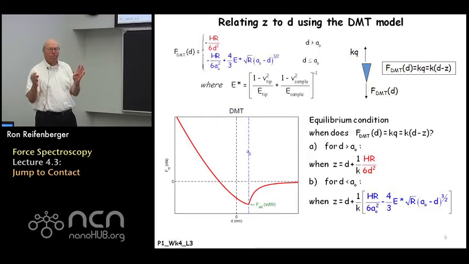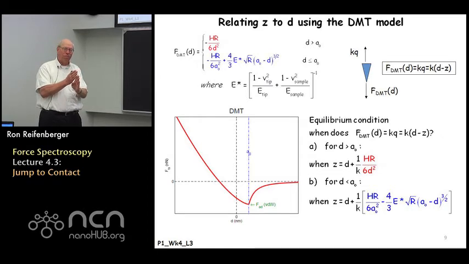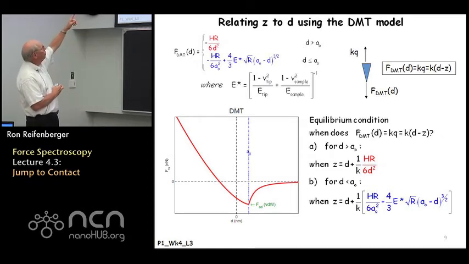If your tip is away from the substrate by an amount greater than A0, then the tip sample interaction force follows the red equation at the top of this slide. When the tip presses up against the substrate and the separation between the tip and the substrate is A0, then you're looking at the blue equation, which is the second equation on this slide.